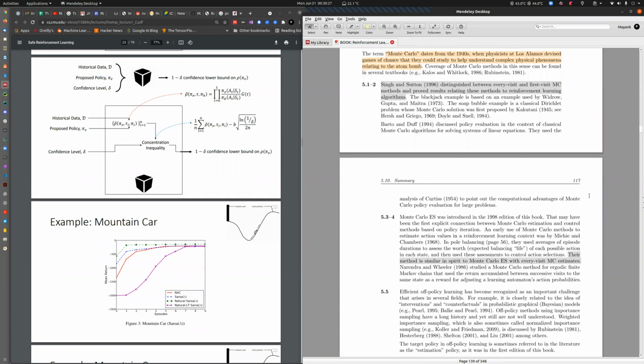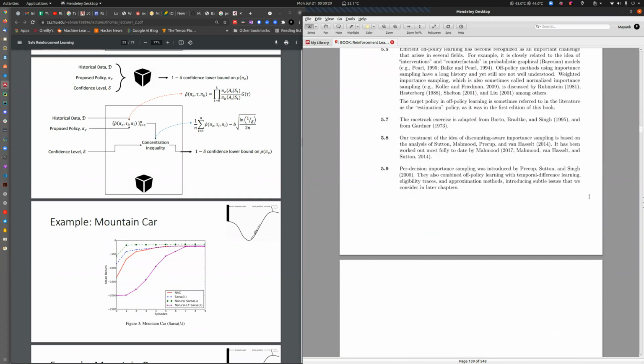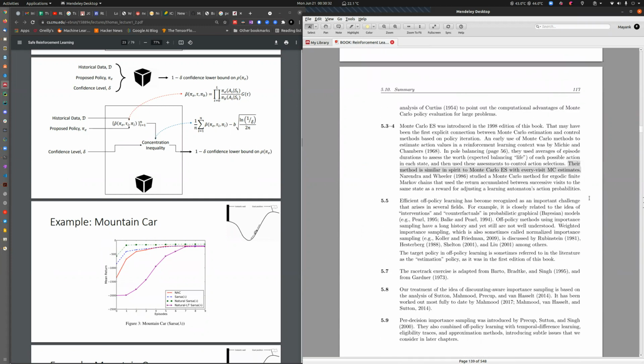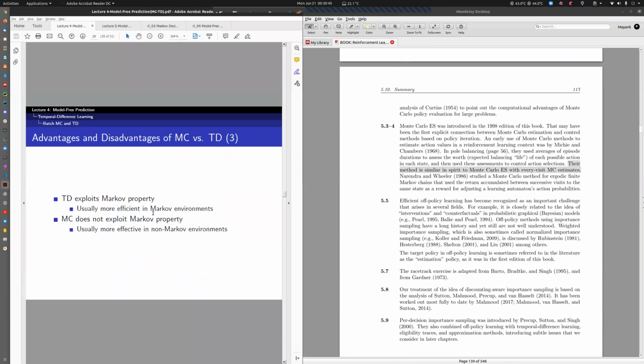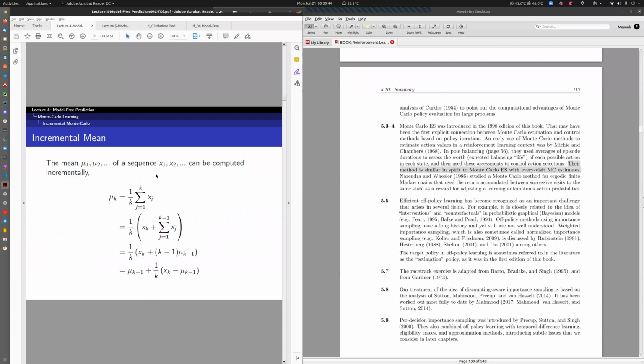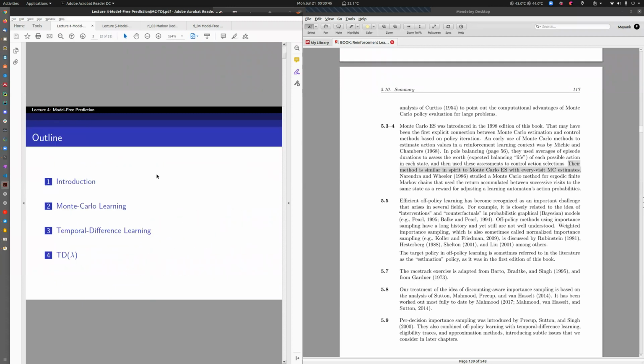So this was the maximum of things. I would just like to allude to the slides with respect to the Monte Carlo backups, the advantages. So next time we will be going through these slides.